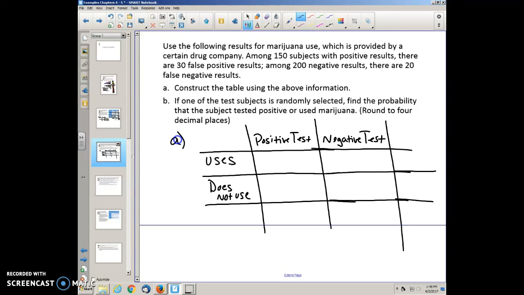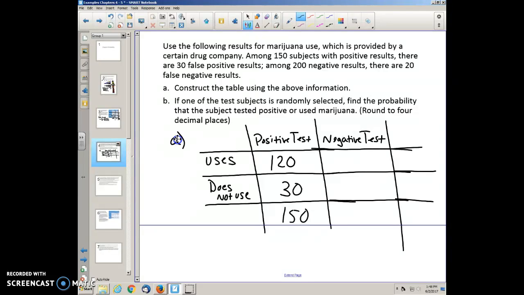Some of the numbers given are referring to totals. It says, among the 150 subjects with positive results. That's the total positive. There are 30 false positives. Well, a false positive would be a positive test, but the subject actually does not use the drug. So 30 goes here. What's left is 120.